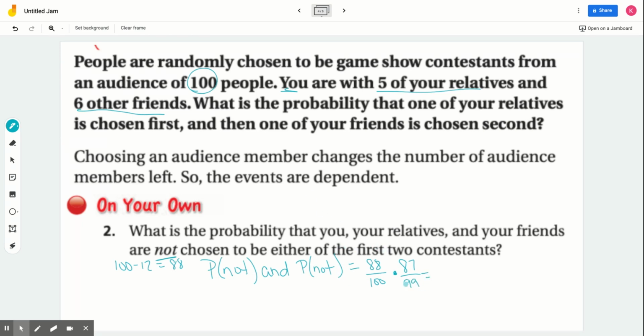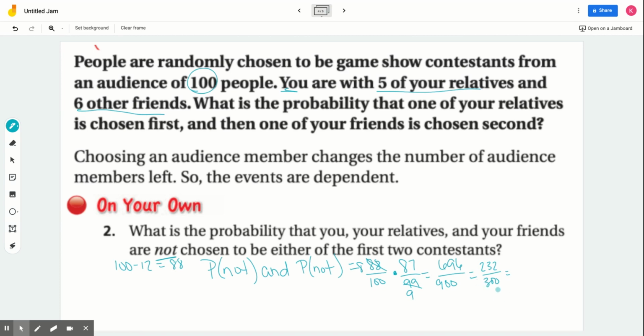Now, you can simplify and then multiply, or you can multiply and simplify, it doesn't matter. 88 and 99 are both divisible by 11. So 8 times 87 is 696, and 100 times 9 is 900. Now I know that these are both divisible by 3, so 232 out of 300, and those are both even numbers.